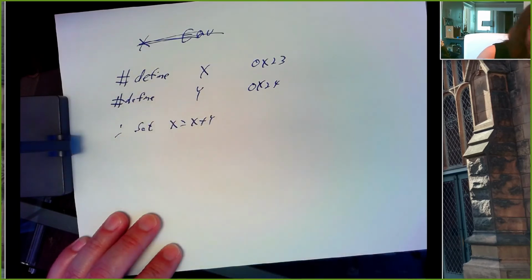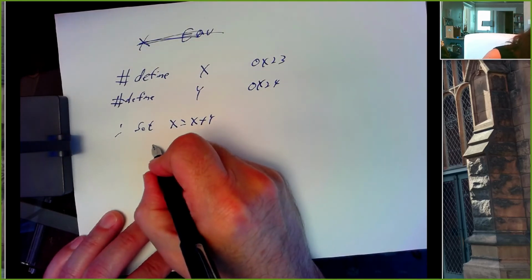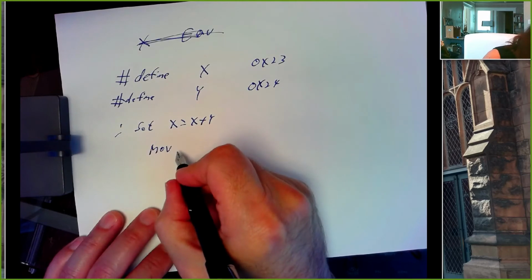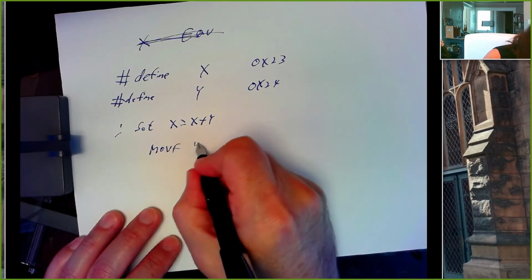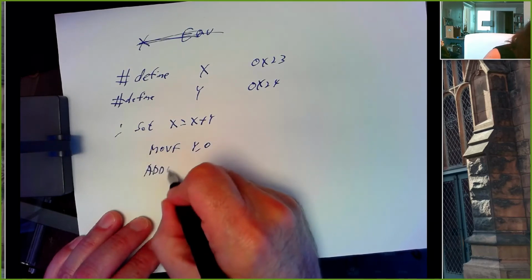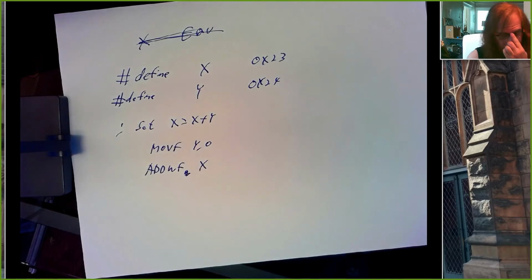And now I want to set x equal to x plus y. So now I could do something like move file register y into the W register, and then add the W register to x.